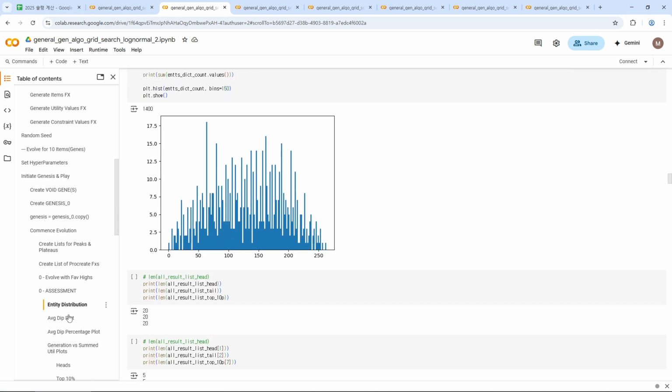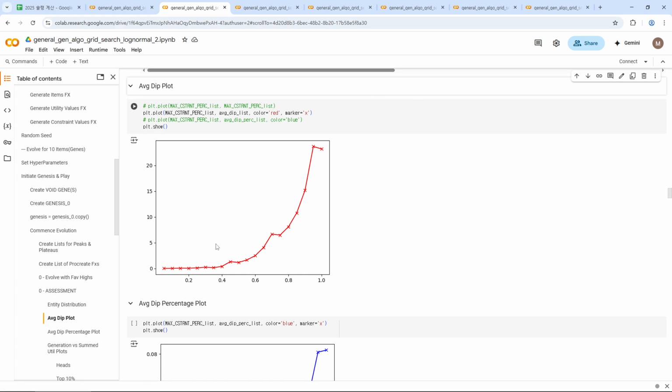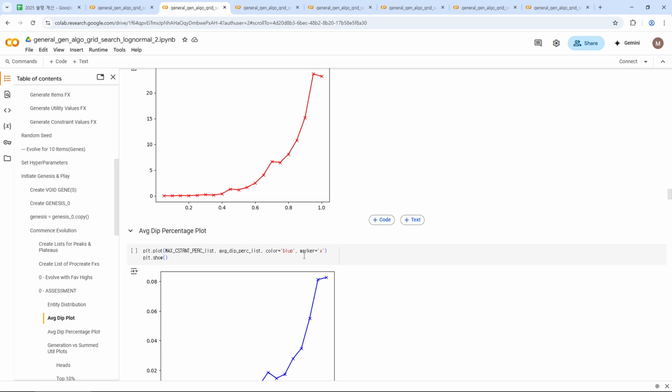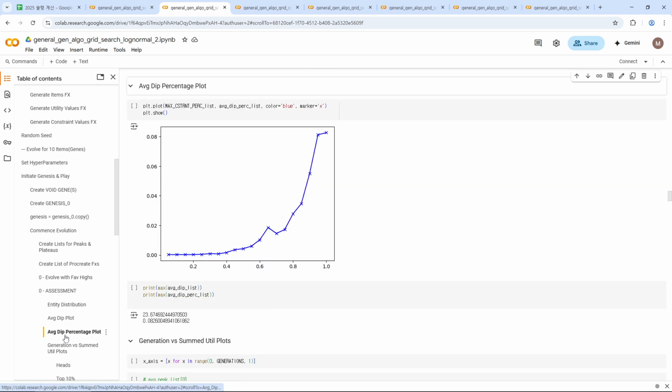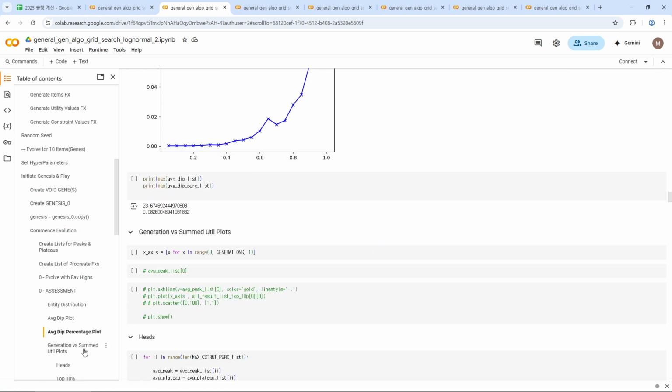So 10 items, entity distribution, average dip plot, quite usual. Entity average dip percentage plot is also usual.